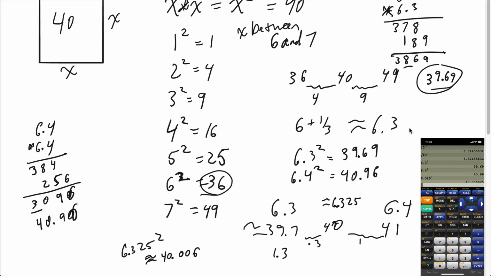That's pretty good for what we're trying to solve for. It's already got 2 decimal places. And you could continue like this. You could figure out, so this is slightly above 40, so maybe try 6.324, square that out.